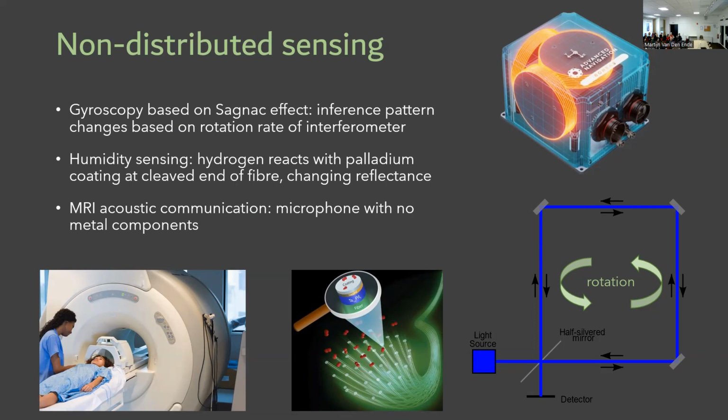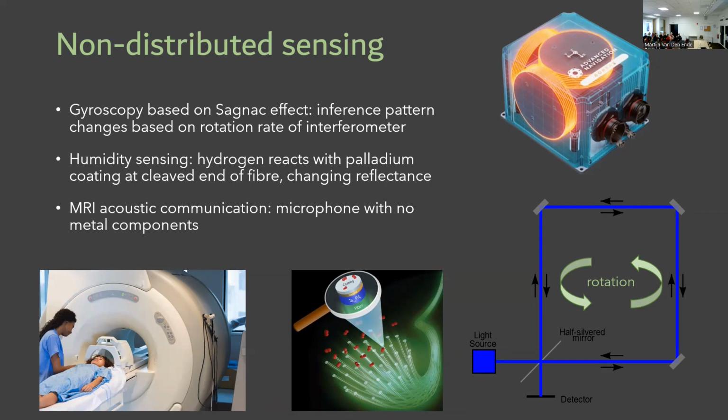And the last example I just want to point out is that you can use this for acoustic communication in MRI rooms. So MRI is this massive magnet that you put your patient in and then you probe it. And because it's such a huge magnet, you cannot have any metal components in the room, because that will just get attracted to the magnet, potentially killing your patient. So all the components that you have in this room cannot be made of metal.